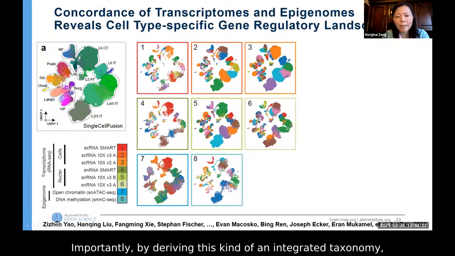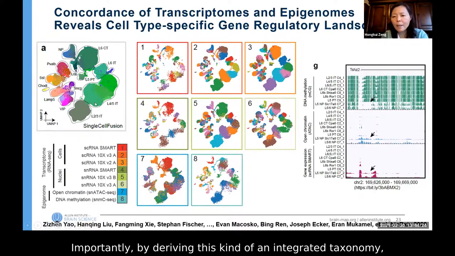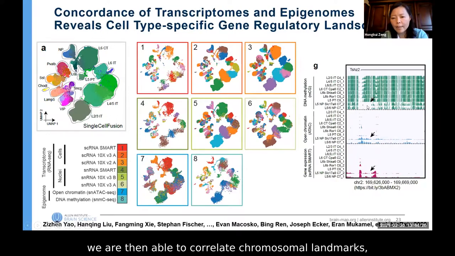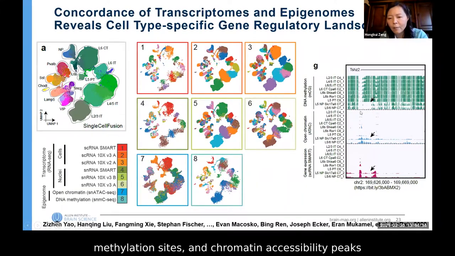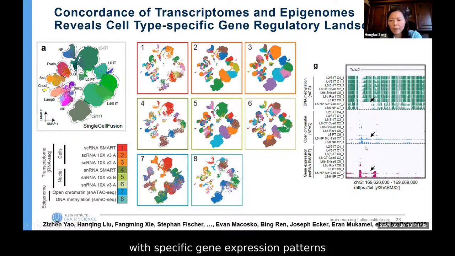Importantly, by deriving this kind of integrated taxonomy, we are then able to correlate chromosomal landmarks, methylation sites, and chromatin accessibility peaks with the specific gene expression patterns in a cell type specific manner.